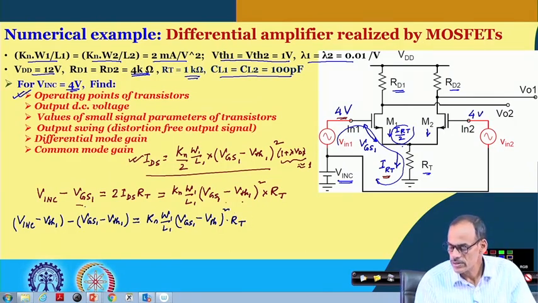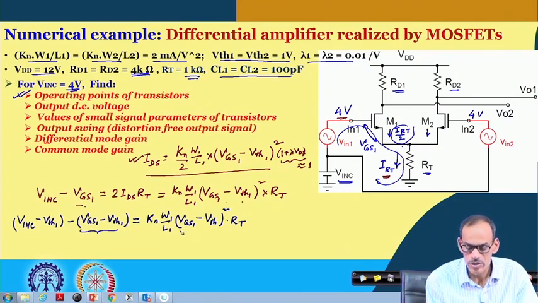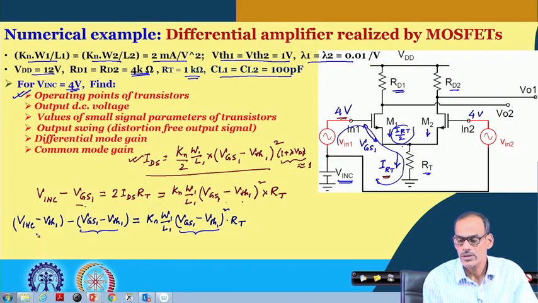Now, in this equation, this term, particularly VGS 1, is not known to us. So, we can say these two terms we call x; the rest of the things are known to us.